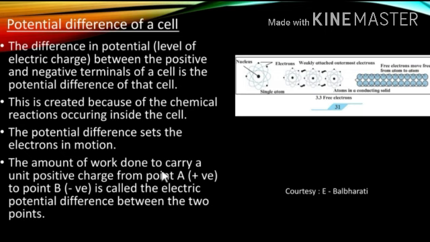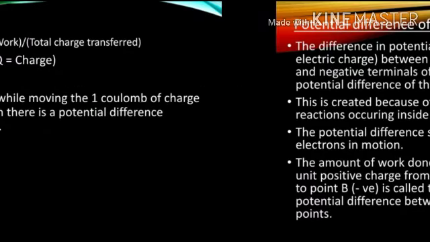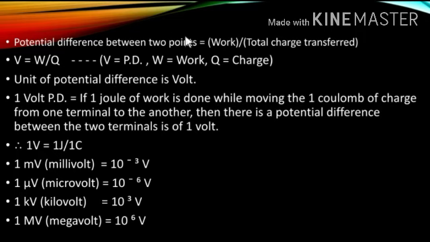The amount of work done to carry a unit positive charge from point A to point B is called the electric potential difference between the 2 points. Now we can calculate the potential difference like this. Potential difference between the 2 points is equal to the work done to carry the total charge.